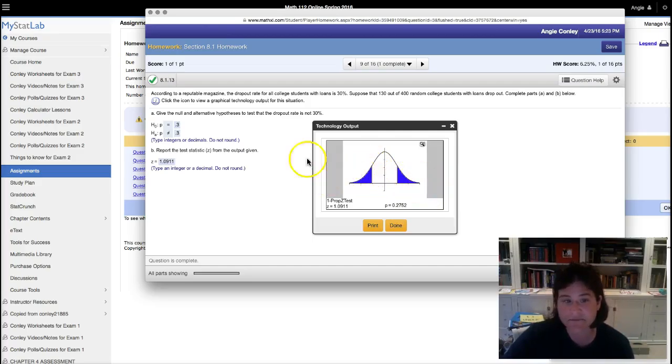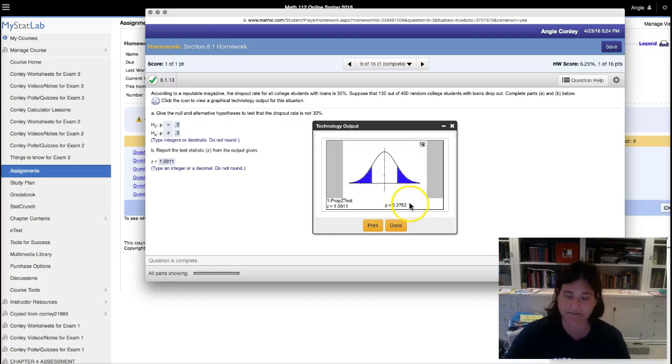Now notice this was a two-tailed test from the alternate hypothesis, and that's why the p-value is not just the area over here, it's also the area over there, these two together. So I know that the area over here should be 0.1376, I believe, because to get the whole p-value, you have to take 0.1376 and double it to get that 0.2752.